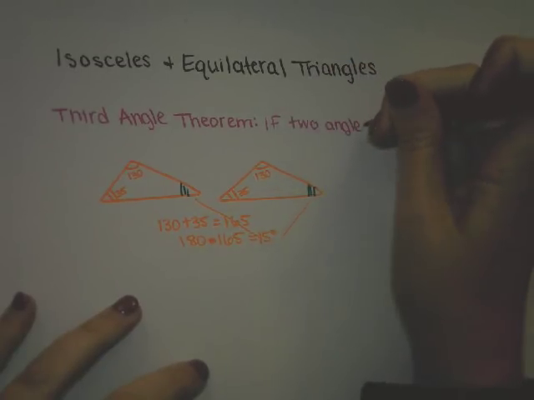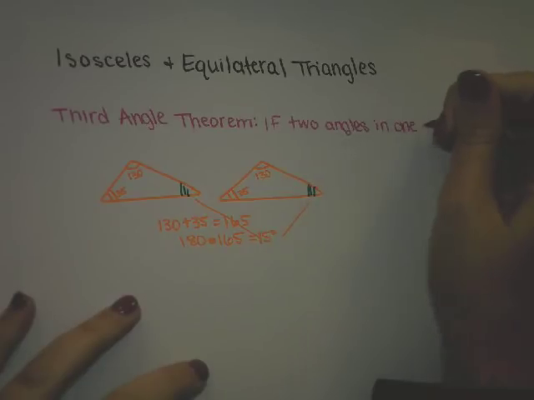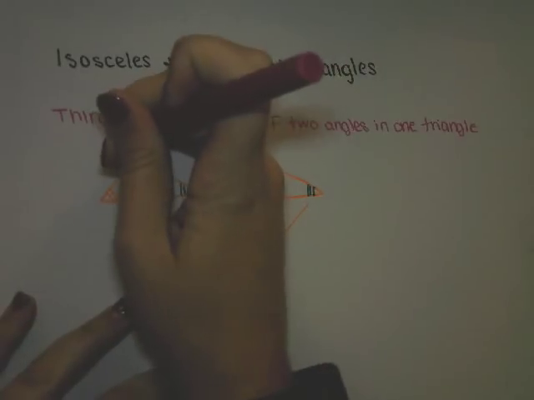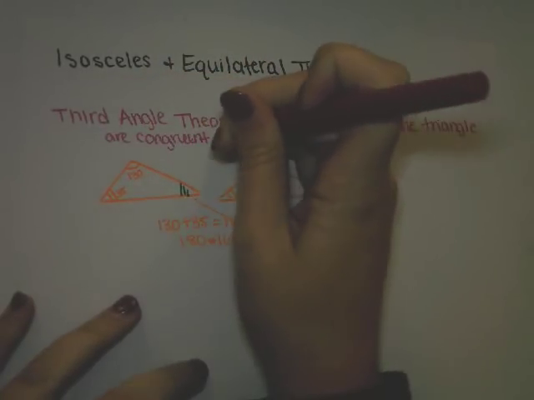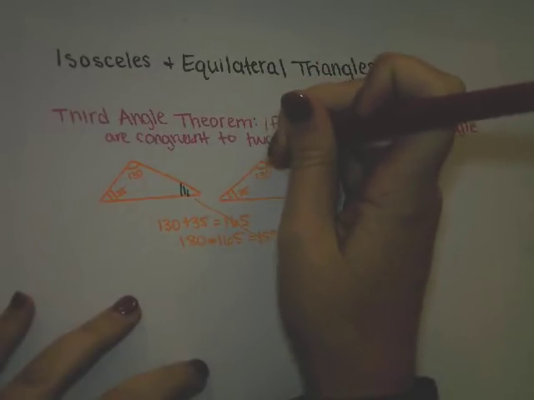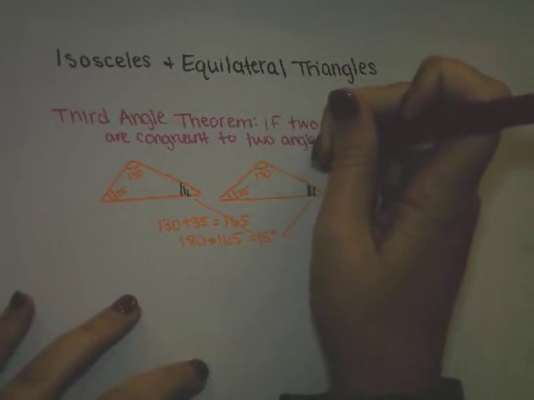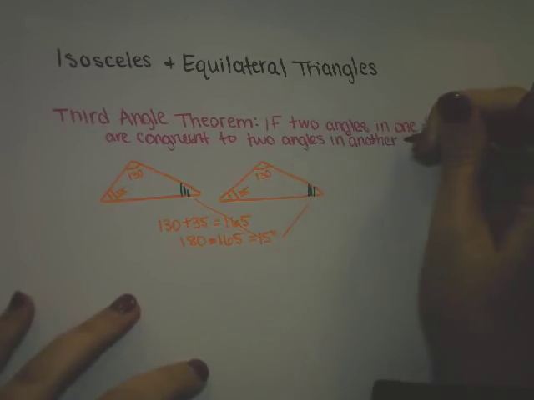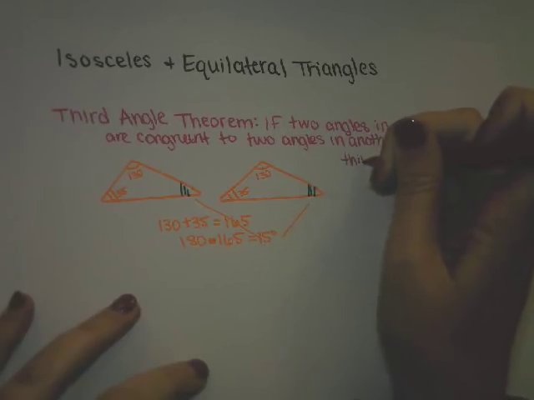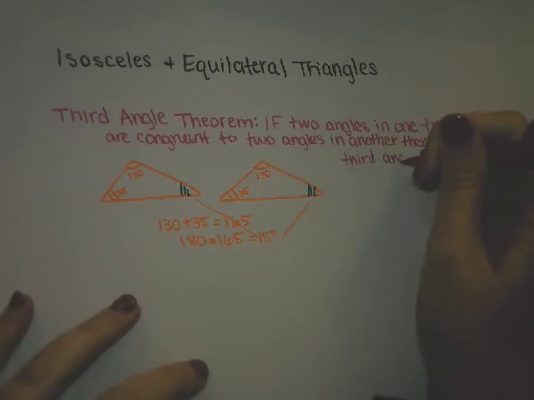If two angles in one triangle are congruent to two angles in another, then the third angles are also congruent.